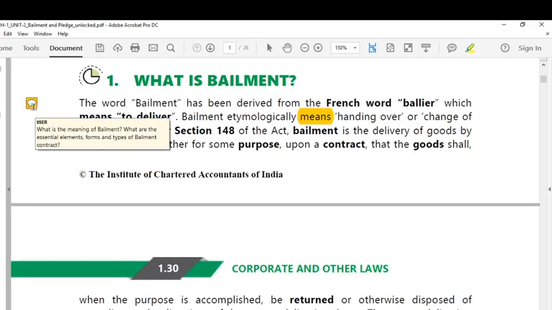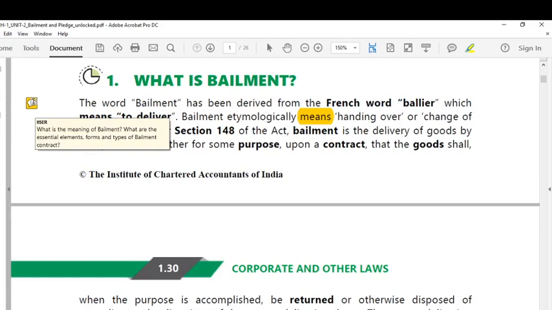The first topic that we are going to learn, the possible question out of this topic is, what is the meaning of bailment? Here bailment means the contract of bailment. What are the essential elements, forms and types of a bailment contract?